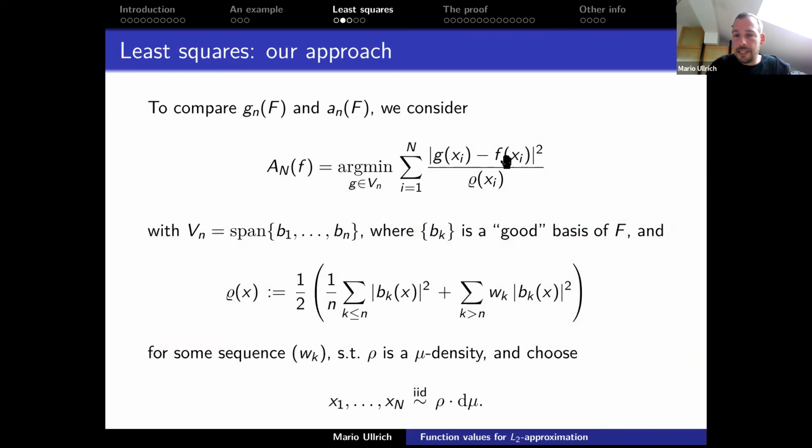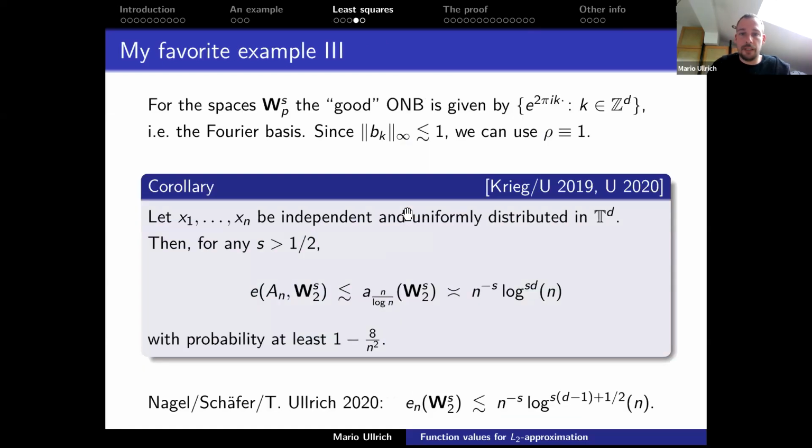If f itself is a function from Vn, then you can find the function such that this is just 0, and this is the function f itself. So this is exact, outputs f, if f is from the span of the first n good functions.